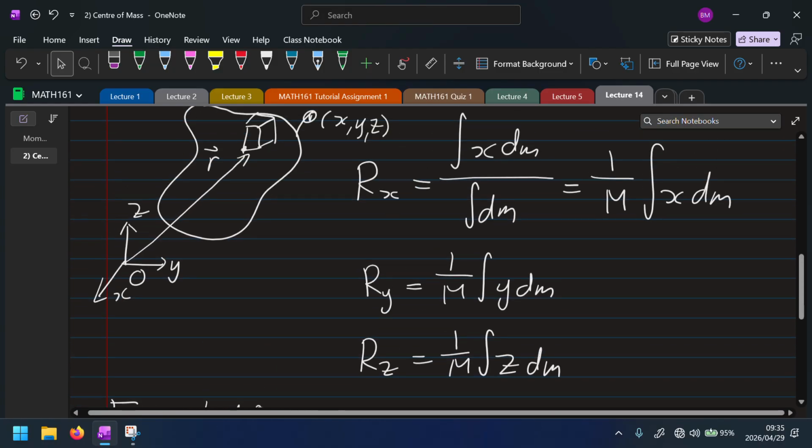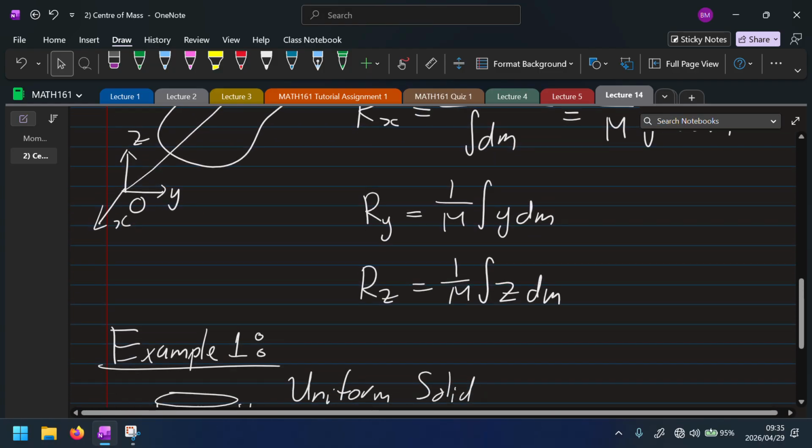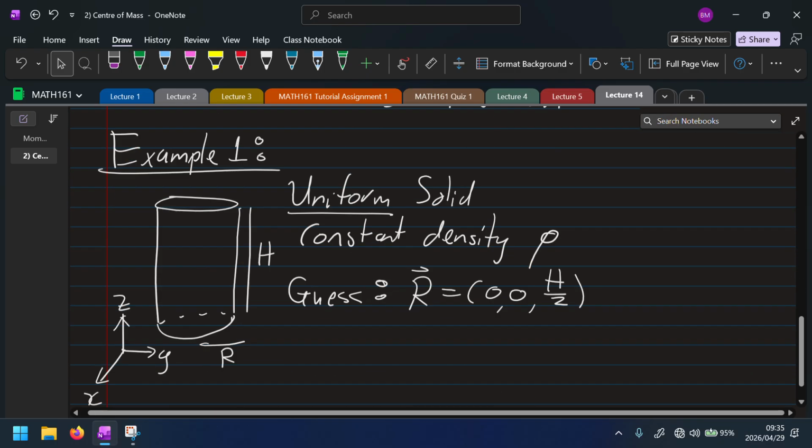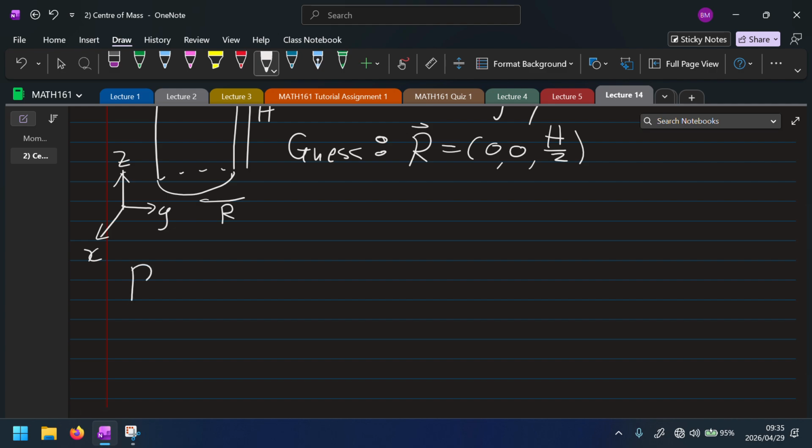So what do we want? We want r_z, which is 1 over m integral z dm. That's the general formula. Given a solid and the density, you then need to substitute accordingly.